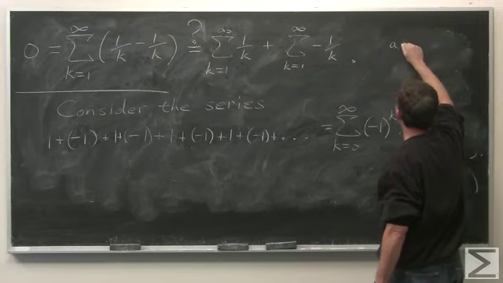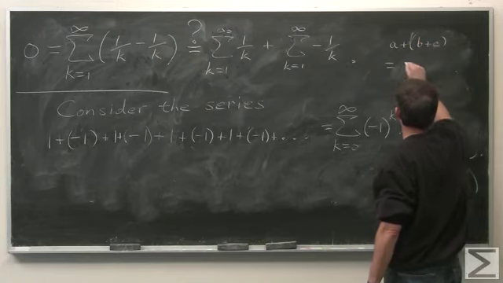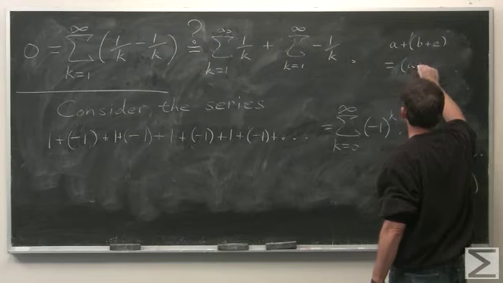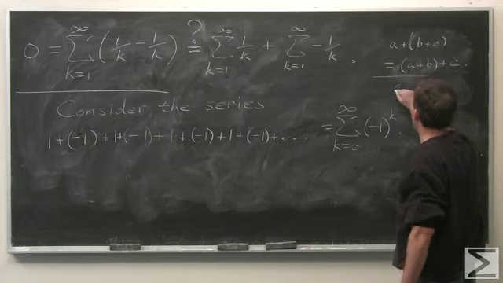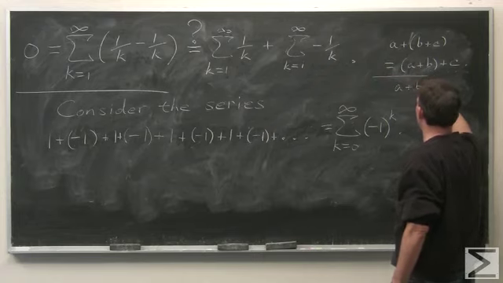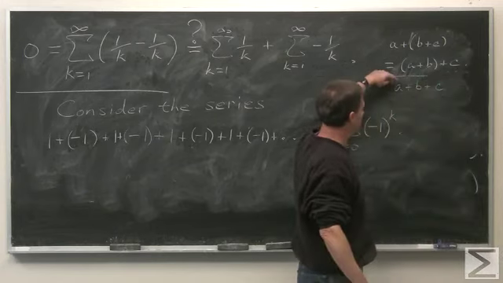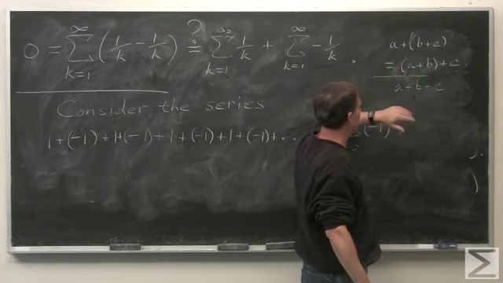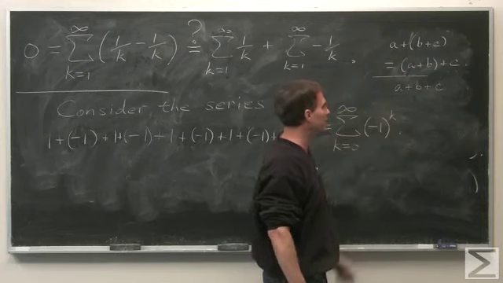But associativity means A plus B plus C is the same as A plus B plus C with parentheses anywhere, which is why we don't need to bother writing parentheses. We can just write A plus B plus C. Whether you add B and C first and then add A to the sum, or add C to the sum of A and B, it doesn't matter, so we just write this.